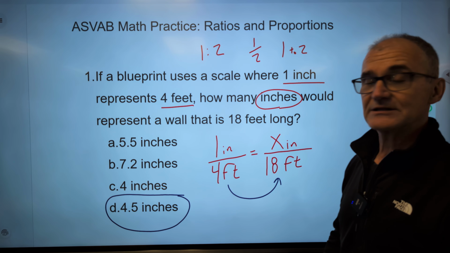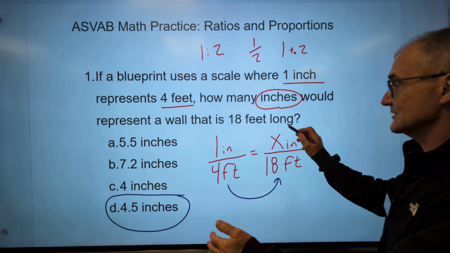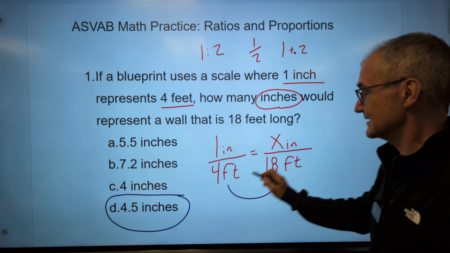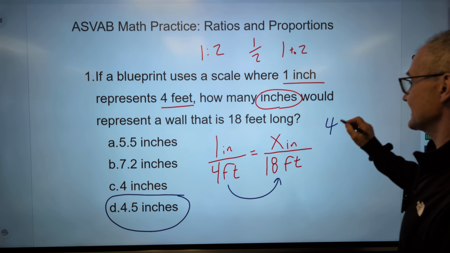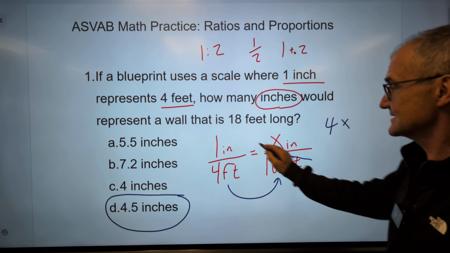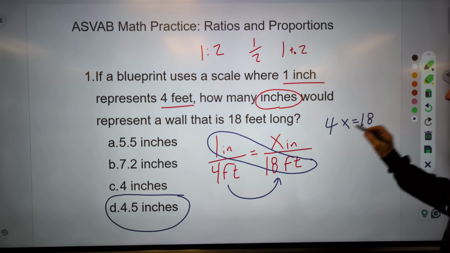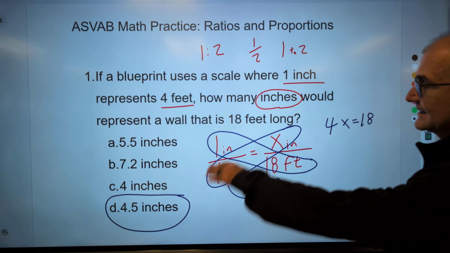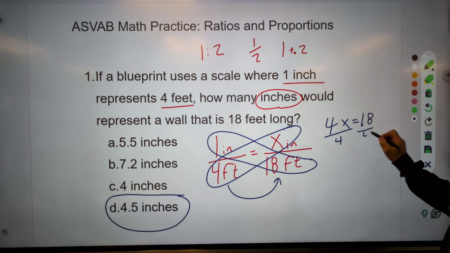The other way to do it, in more of a classic math way, is to take the lower left times the upper right, this times this, 4 feet times X will give you 4X. And then this times this, 1 times 18 is 18. Should look like a butterfly like that. Then solving for X, I divide both sides by 4.